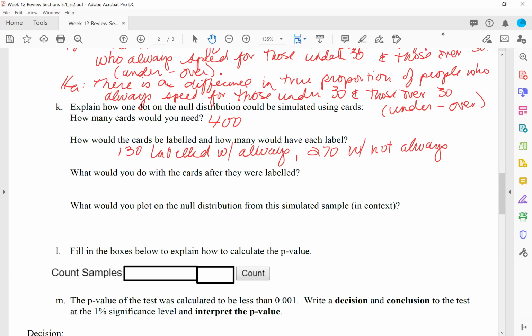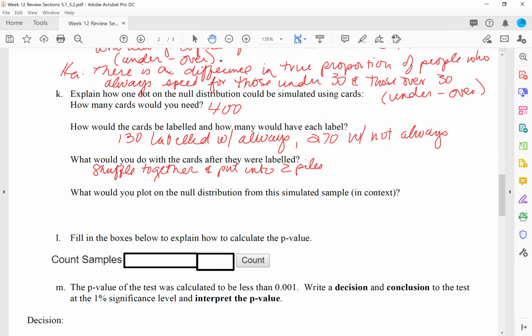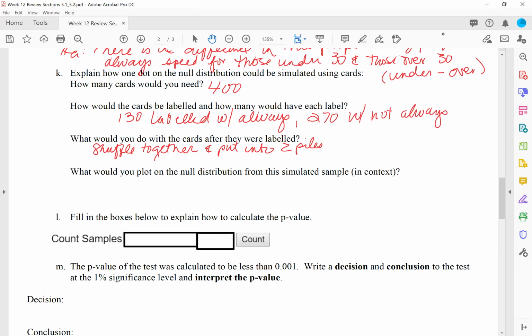So we'd shuffle together and put in 2 piles: 190, and that represents under 30, and then 210 to represent over 30.